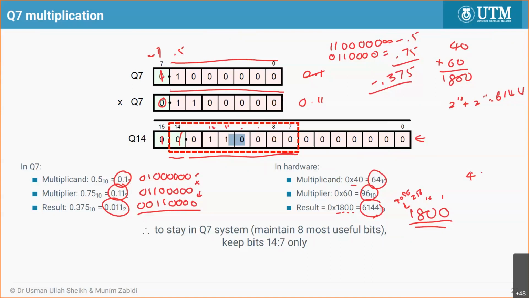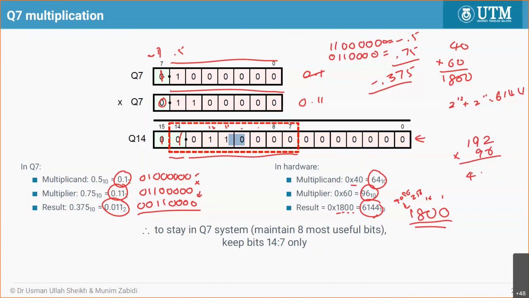If 1100, I will get 128 plus 64, so I get 192. So I get 192 times 96.